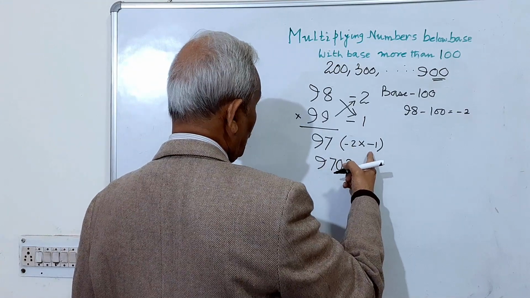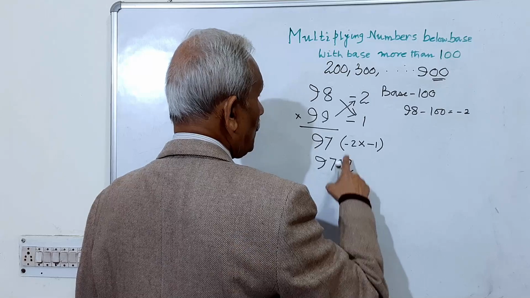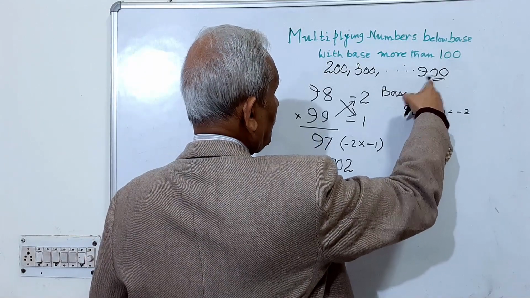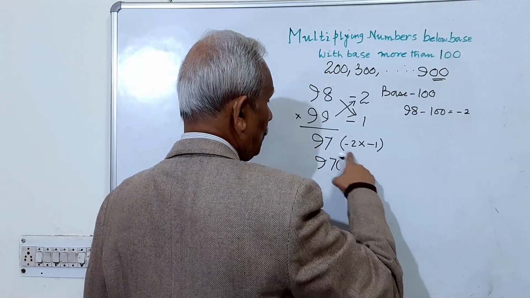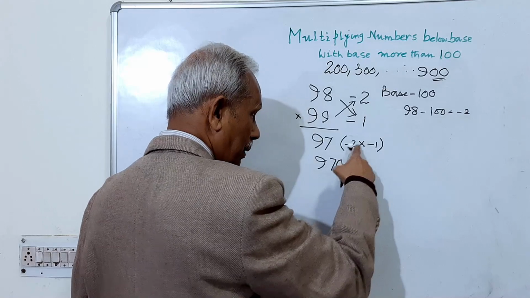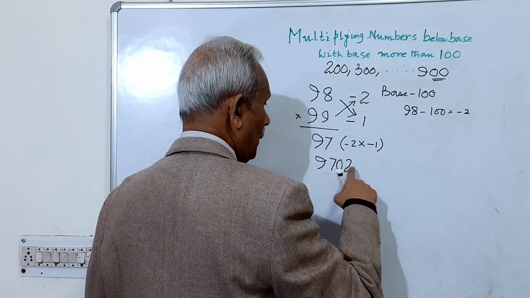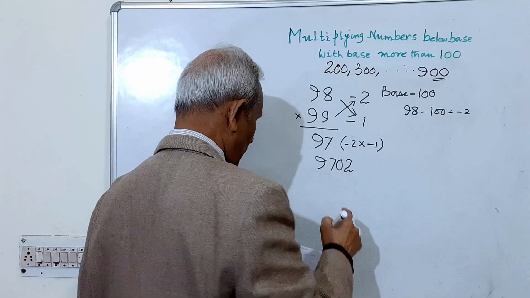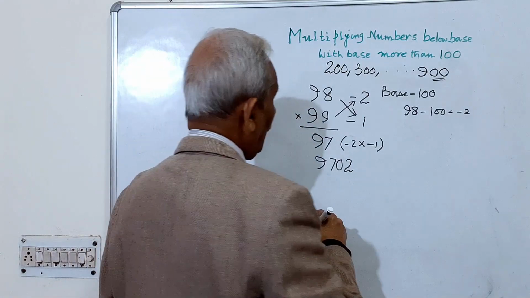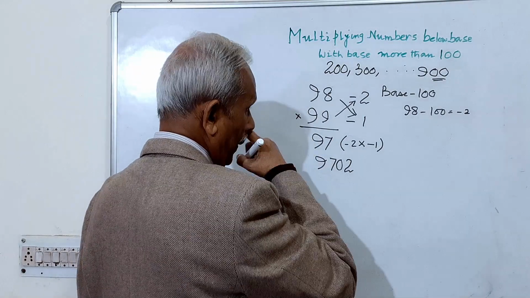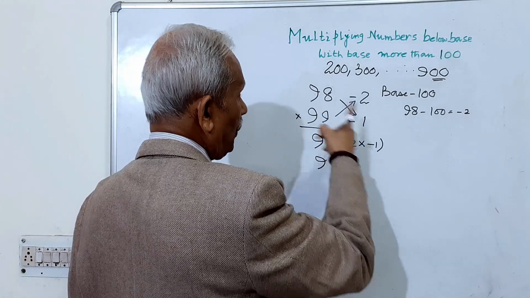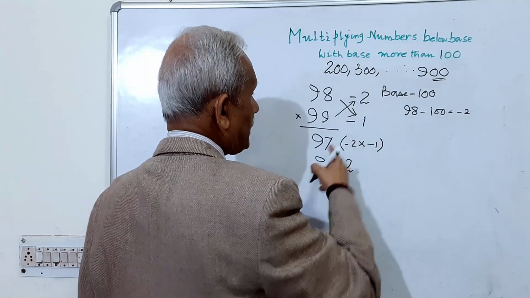Instead of putting 2, we put 02, to compensate for these two zeros; we need to have two digits in the second part of the answer. How to make that 2? Add a 0 and put 02. 9702 was the answer. Right? So this is how we do it in case the base is 100.